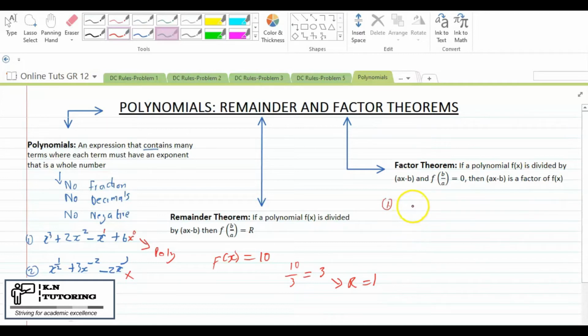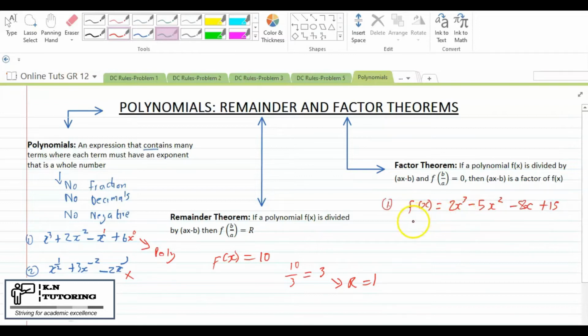Let's say we are given f(x) = 2x³ - 5x² - 8x + 15.